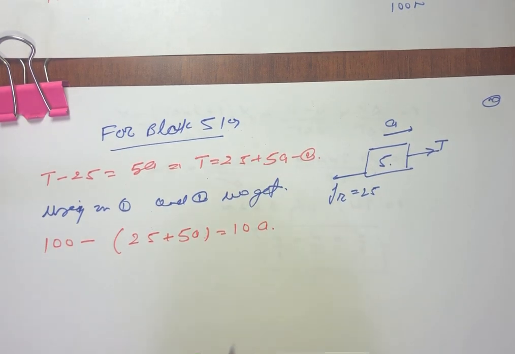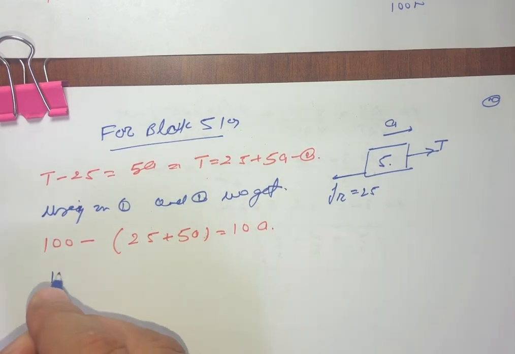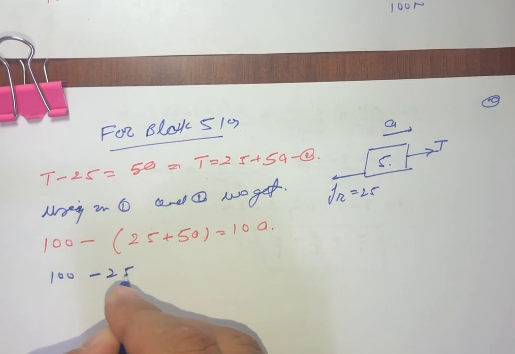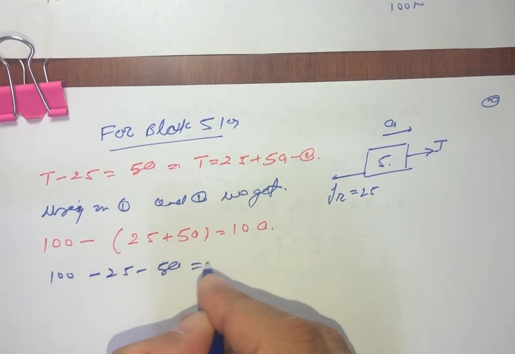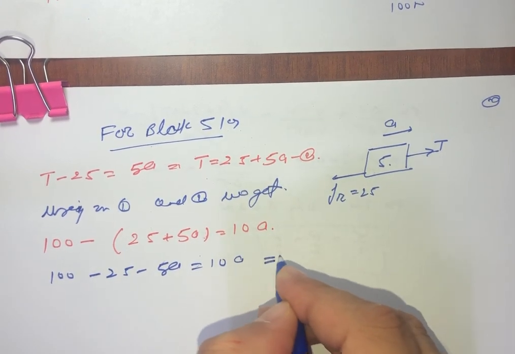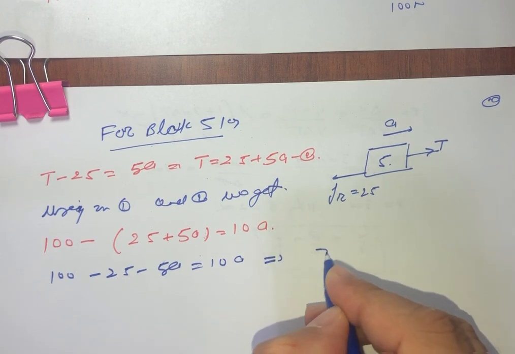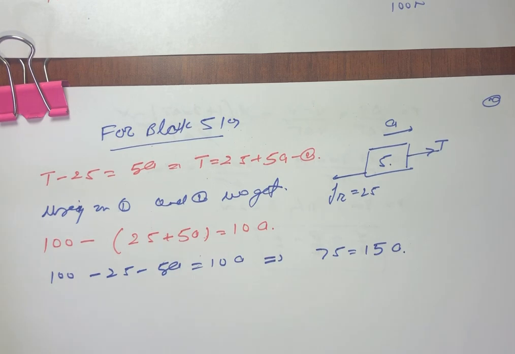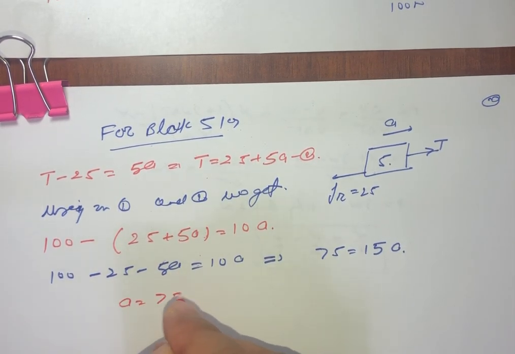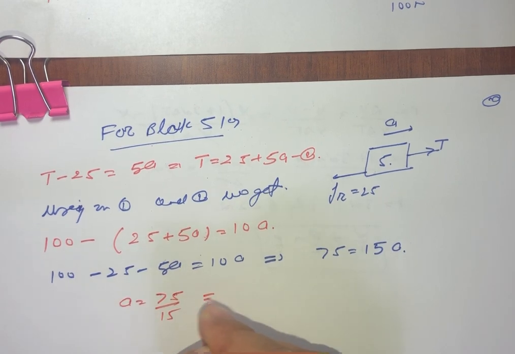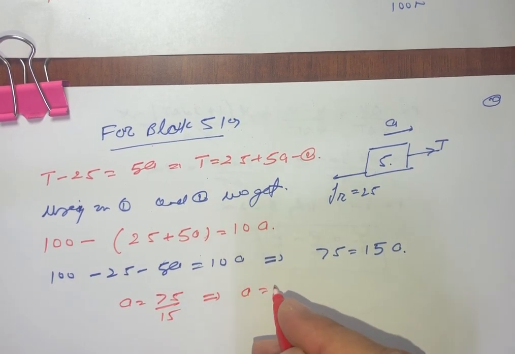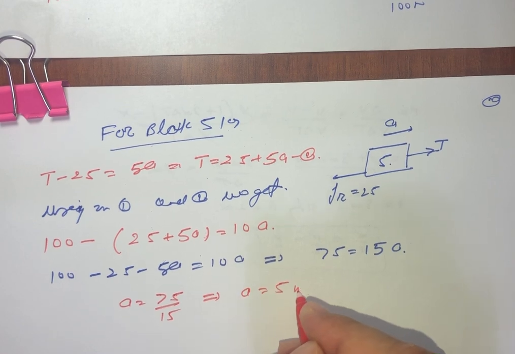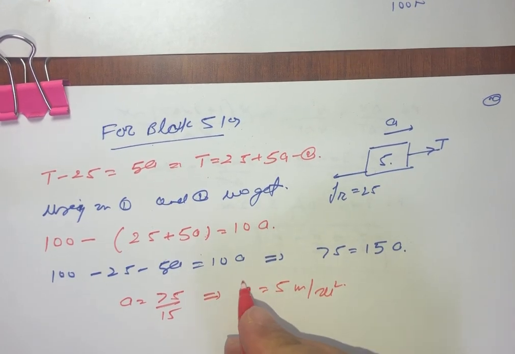The solution can be written as 100 minus 25 minus 5A is equal to 10A, which gives us 75 is equal to 15A, and acceleration A will be equal to 75 divided by 15, which says that acceleration A is 5 meter per second square.